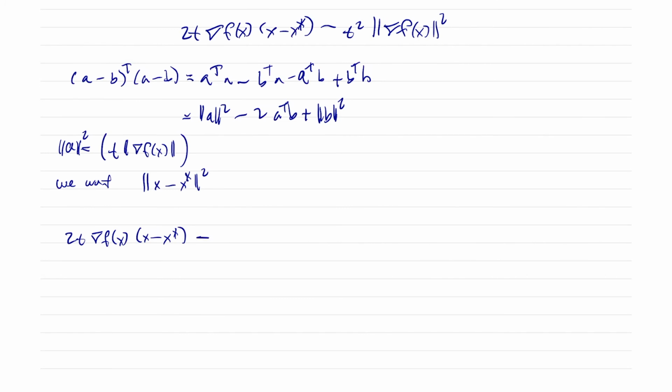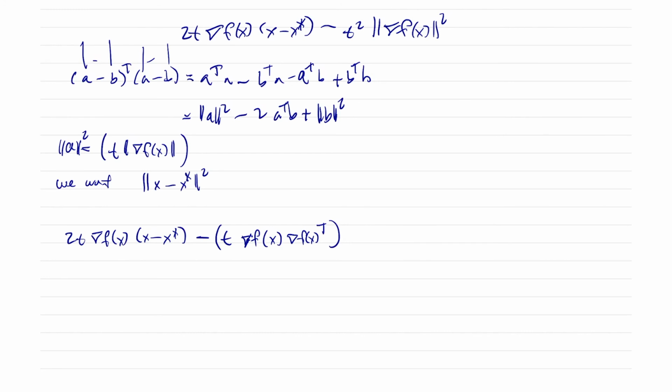So minus t norm gradient of f of x. We're going to have grad of f of x, that's a row vector, times grad of f transposed. I'm thinking of each of these as column vectors, and that's typically what you do. But since f is a row vector, I need to be a little bit more cautious about it.